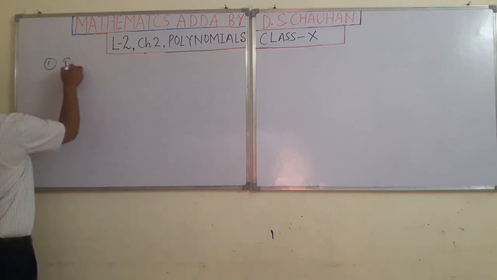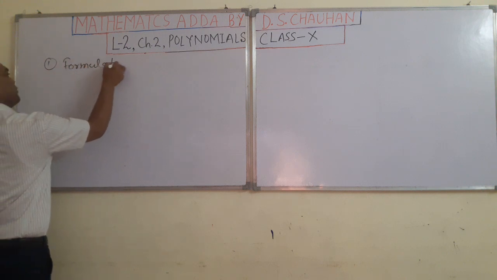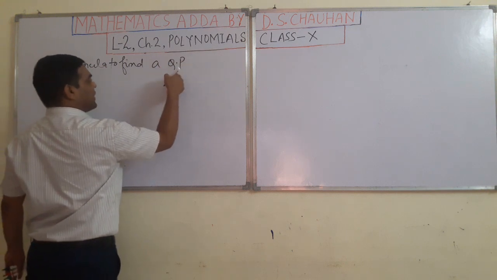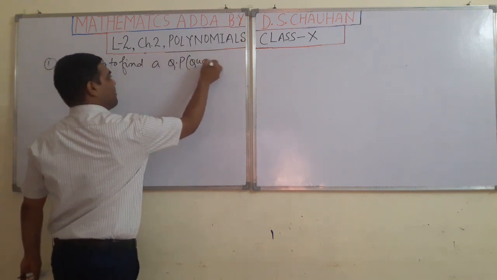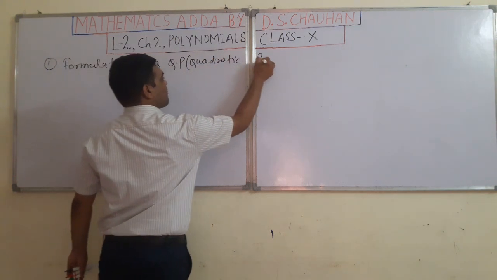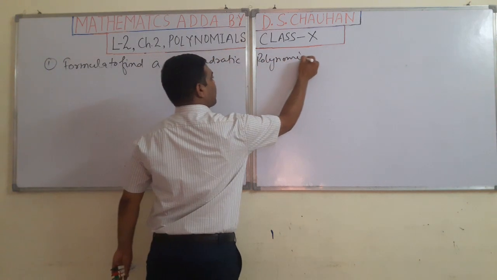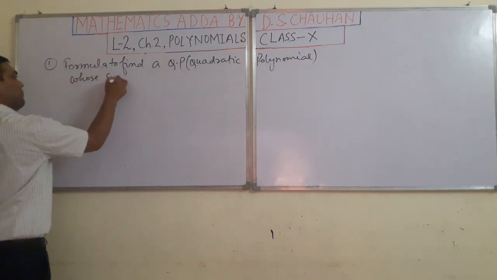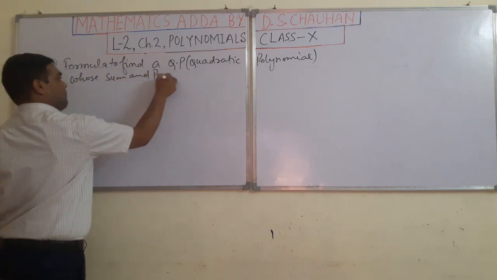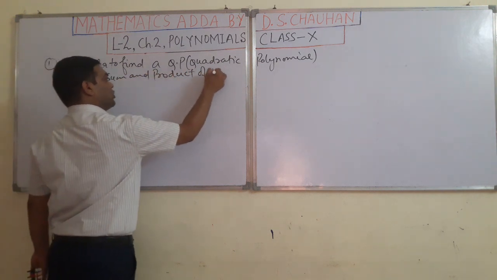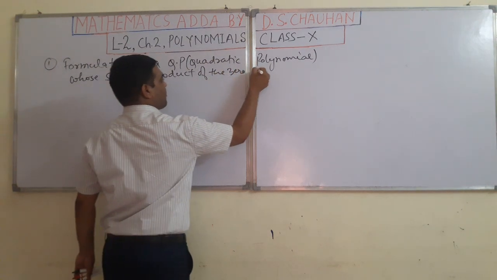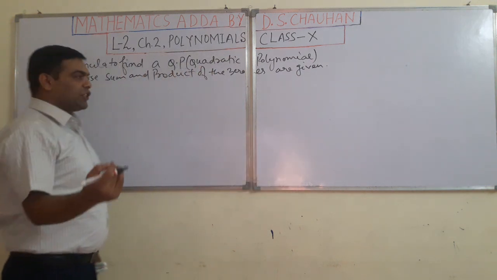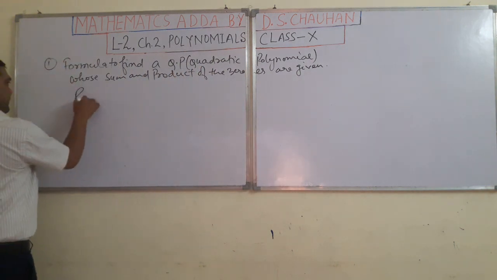So, the formula to find a quadratic polynomial, QP stands for quadratic polynomial, whose sum and product of the zeros are given. What is this formula, students? Try to understand and remember always.